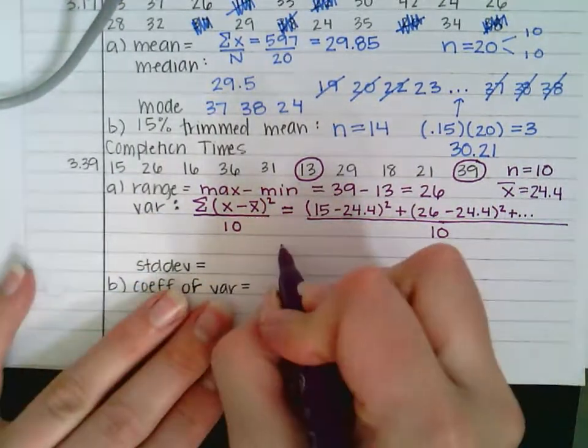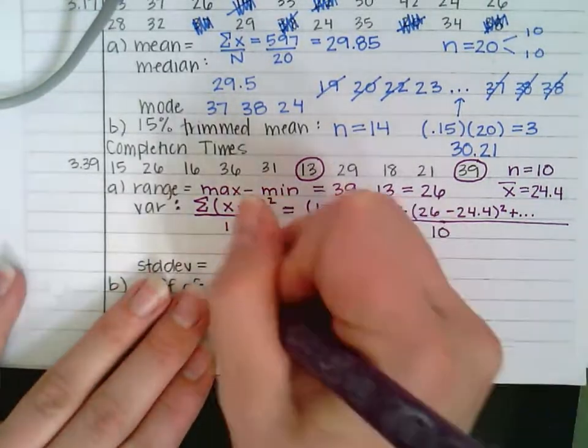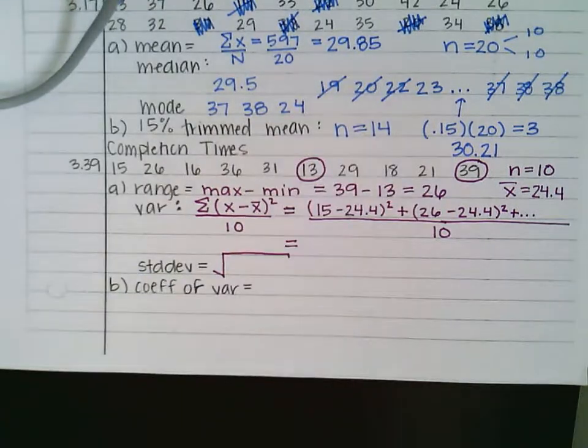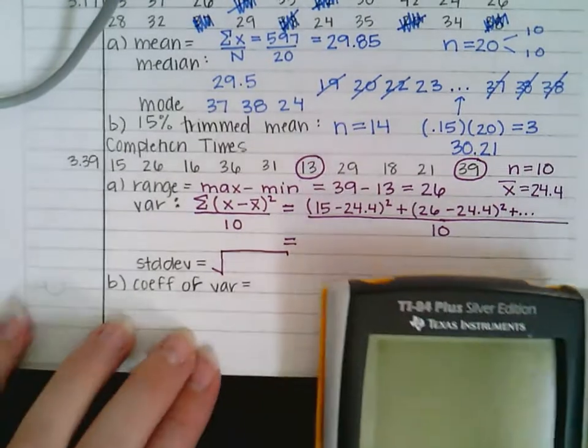And then whatever number you get here, you're going to take the square root of that number to get the standard deviation.